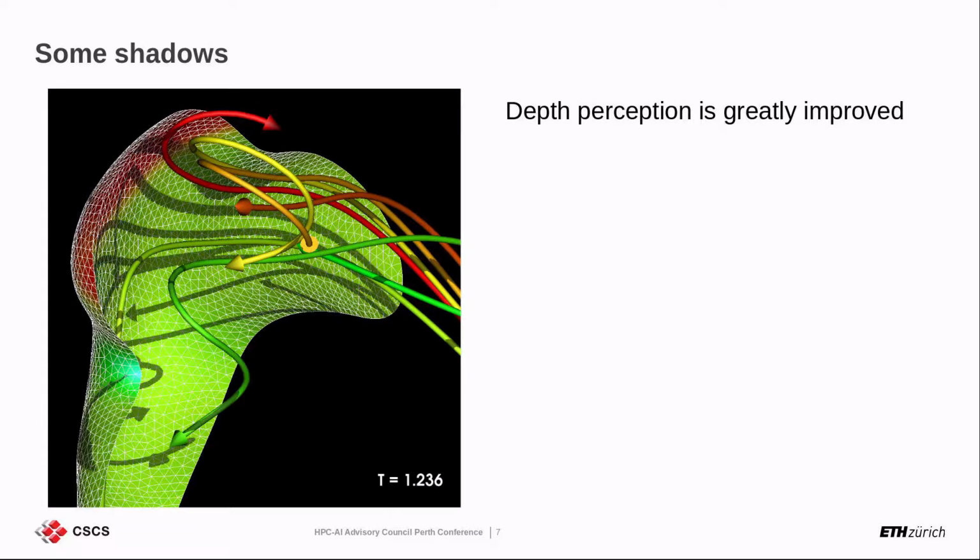In the past, we've used many tricks, for example, doing those fake shadows, because this was done 10 years ago. But it's a picture I like to see because it really shows how we can enhance the depth perception through the use of shadows.